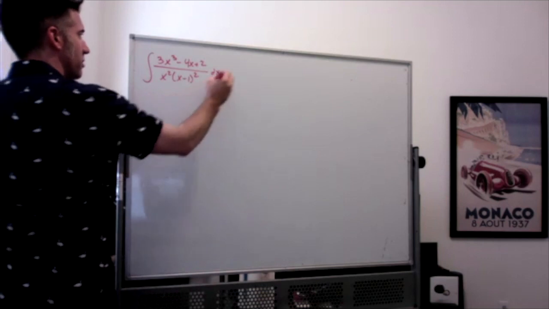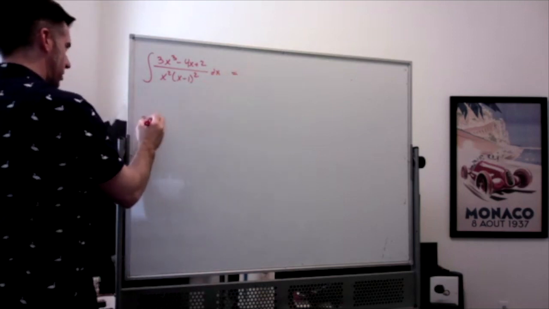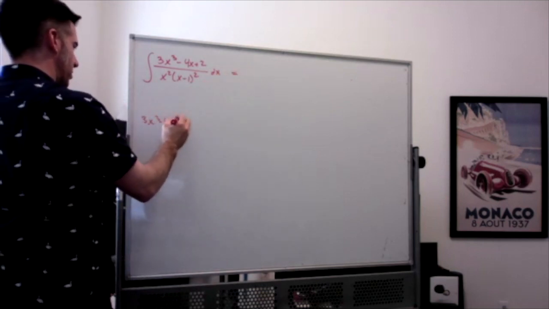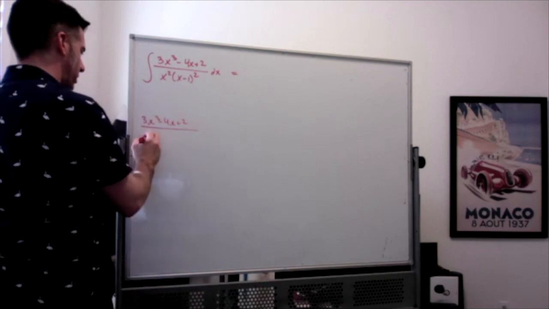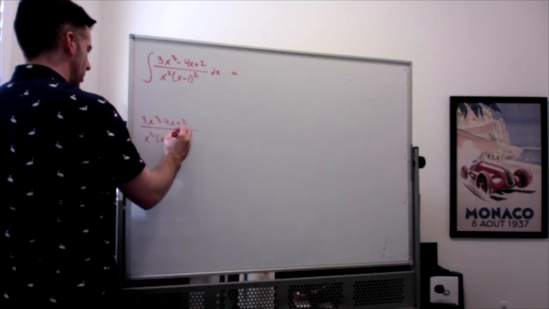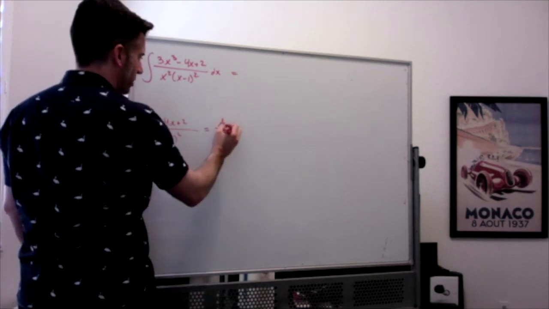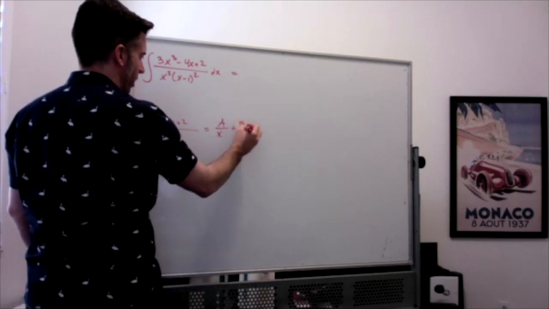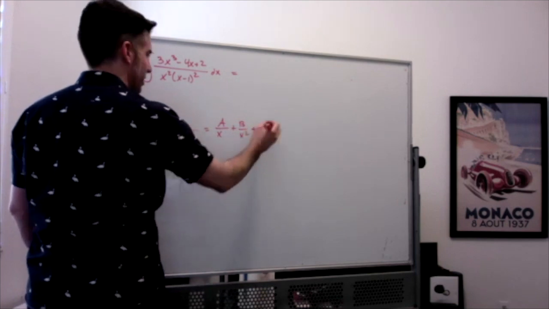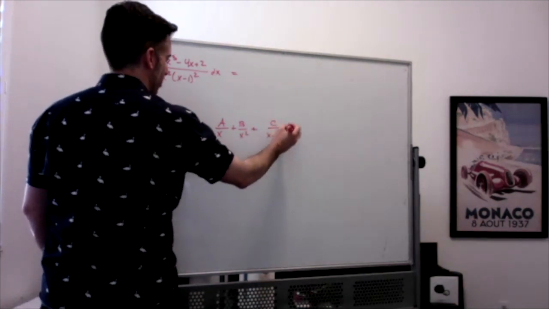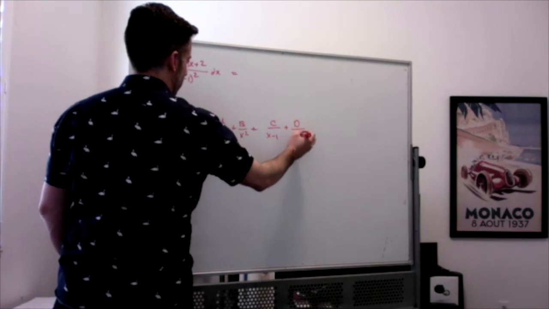We're going to write 3x cubed minus 4x plus 2 over x squared times x minus 1 squared equal to a over x plus b over x squared plus c over x minus 1 plus d over x minus 1 squared.